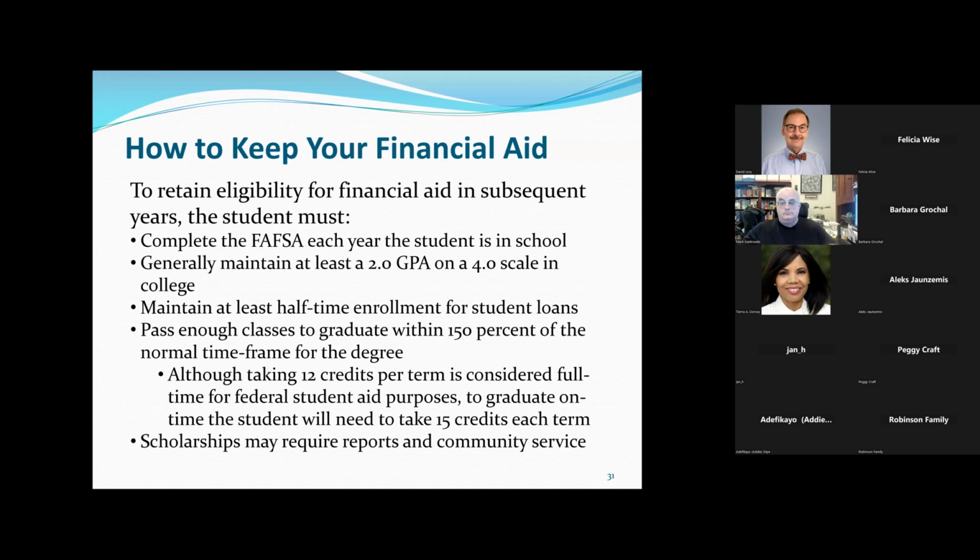Note that while taking 12 units or 12 credits is considered full-time for federal and state student aid purposes, to graduate on time, the student will need to take 15 credits each term. Next slide, please.